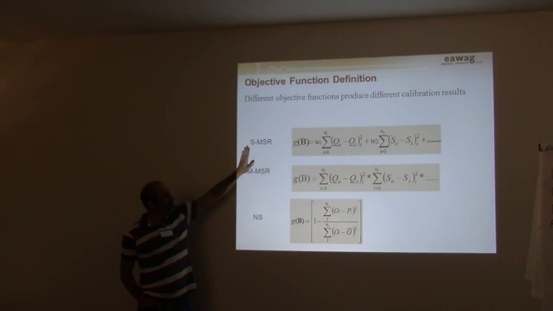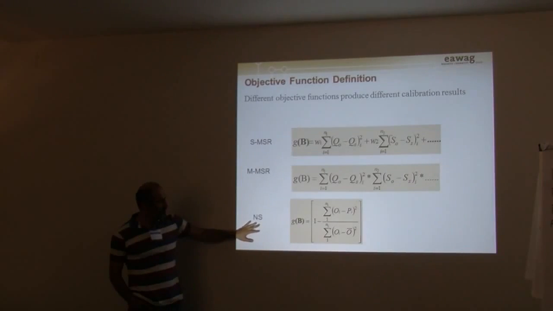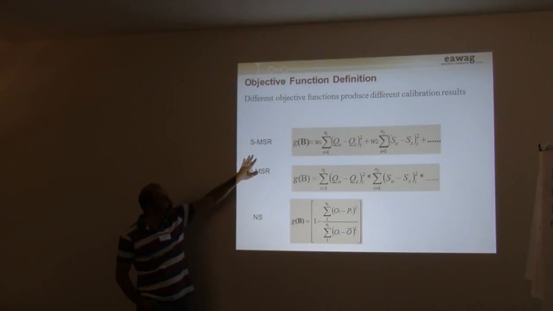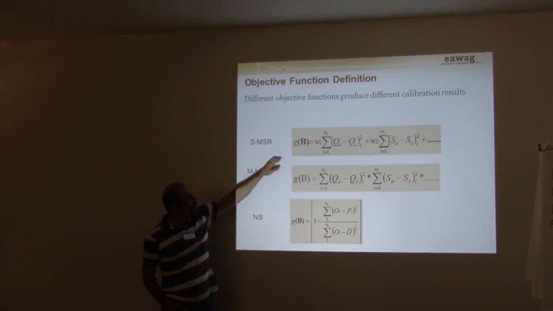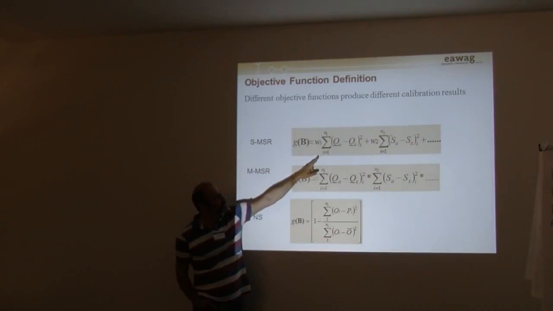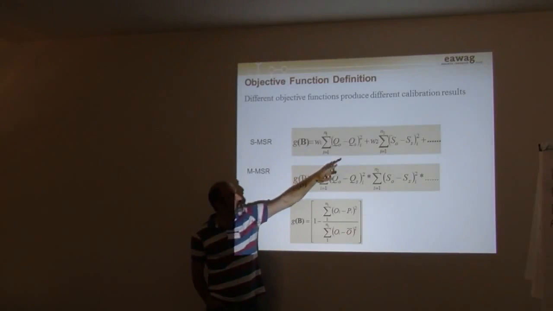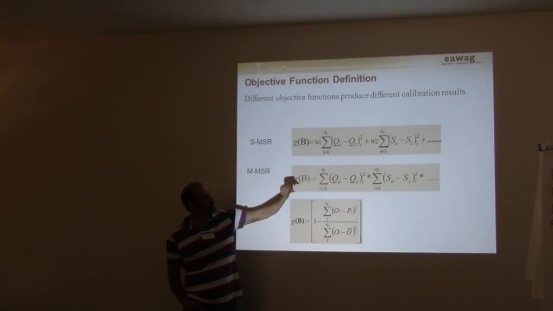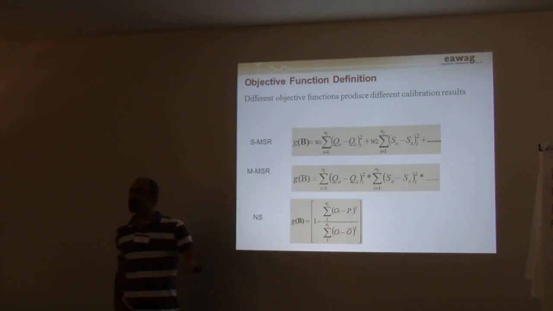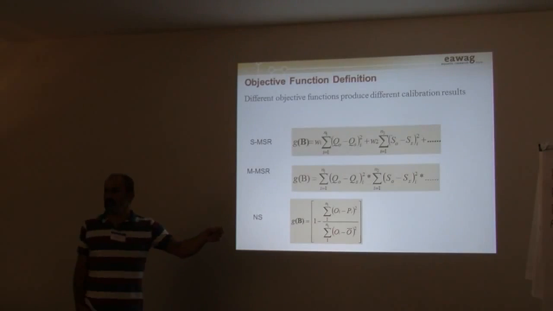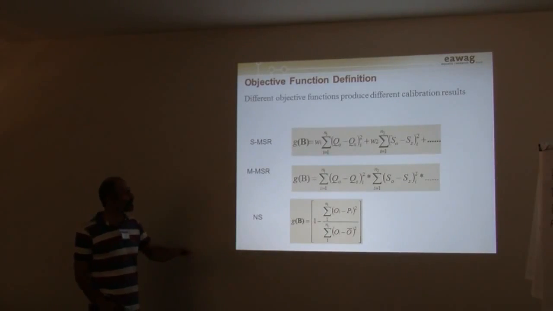Objective function. There are many different types of objective function. This is the mean square error, where you may have different variables in the objective function. You may have discharge and sediment and nitrate simultaneously. It's a multi-objective function you can build.